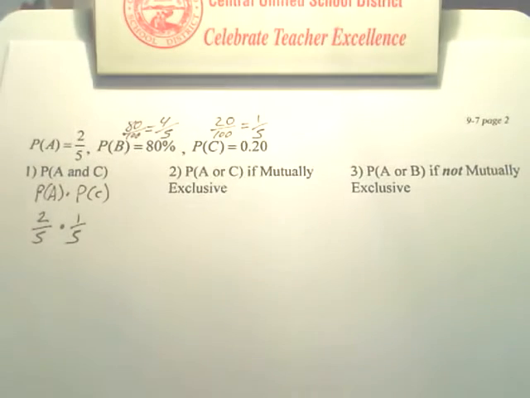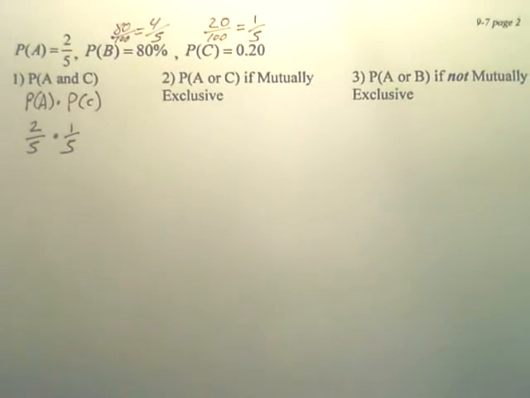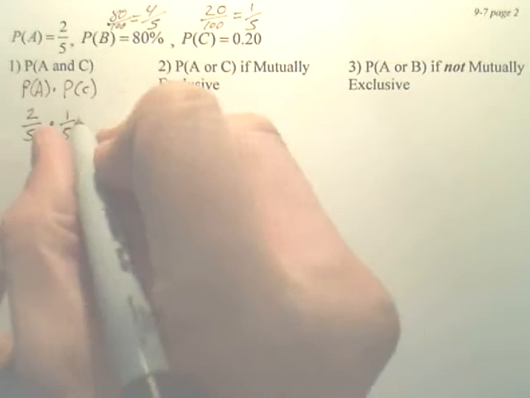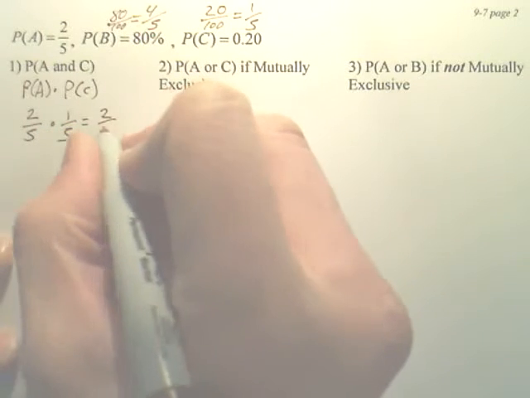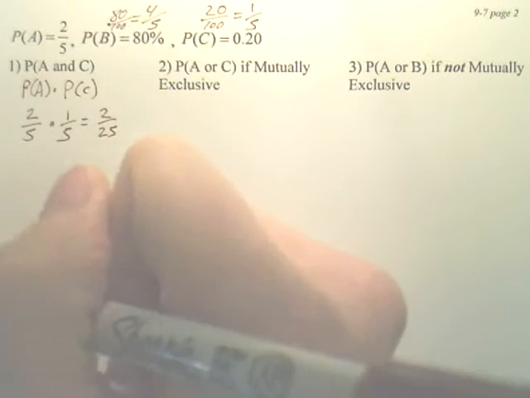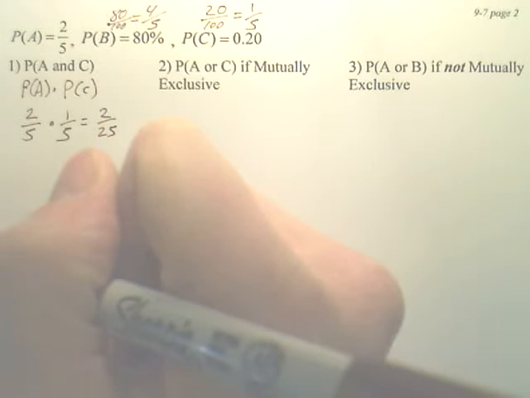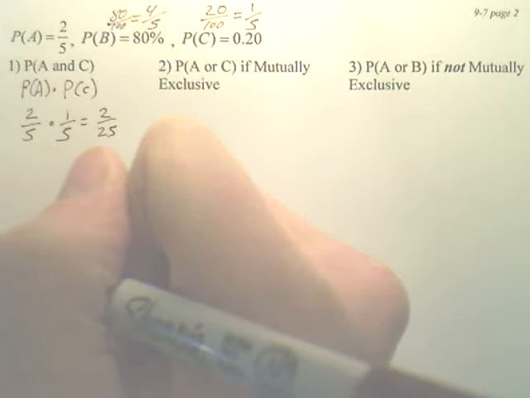When you multiply these two, what do you get? 2 25ths. Now, could I change that to something different? Yeah, but are we okay so far?